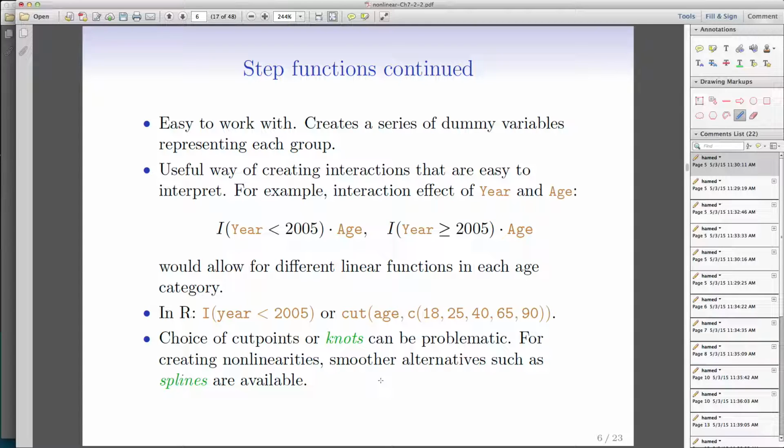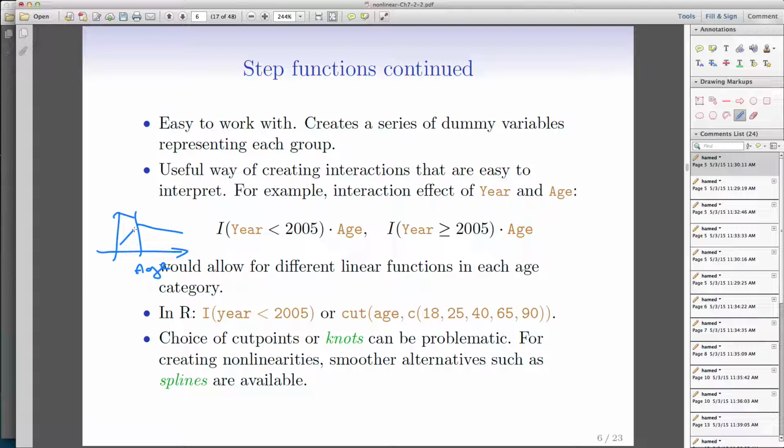What we observed here was these step functions are great. We can use any type of interaction here to make it have a slope, but there is no guarantee of continuity, and that's a problem. For example, let's say this is our prediction for age.